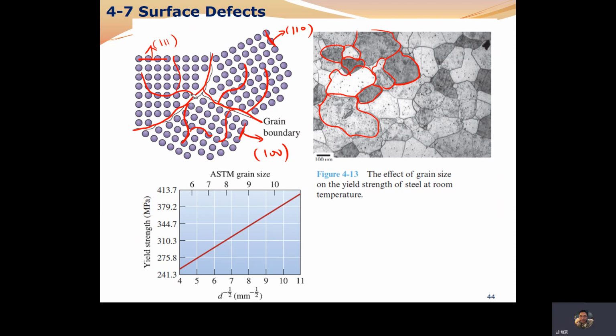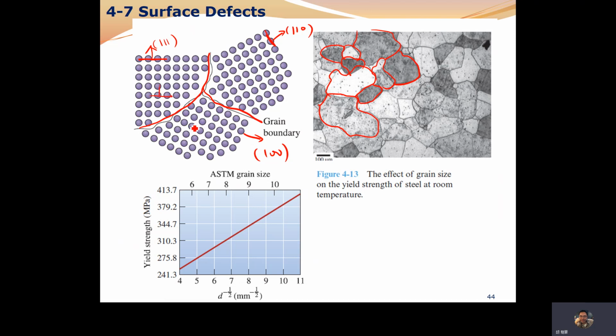I just erased some of this. For example, this is our grain boundary, right? When shear stress is applied to these materials, dislocations occur, right? For example, we have an edge dislocation here.